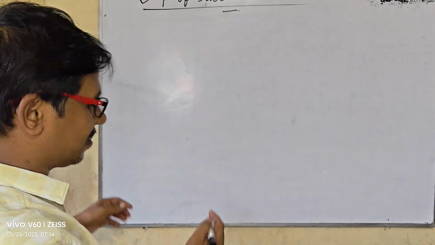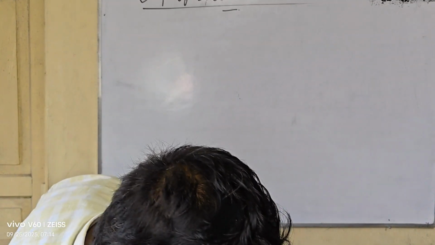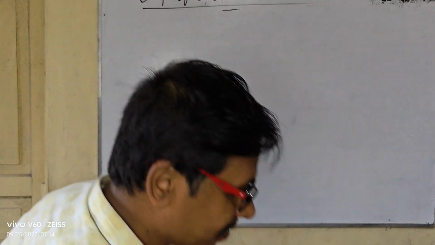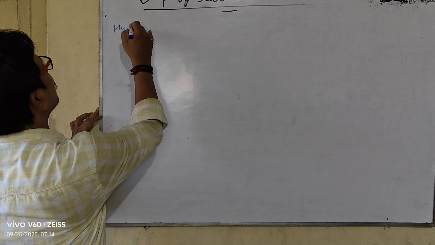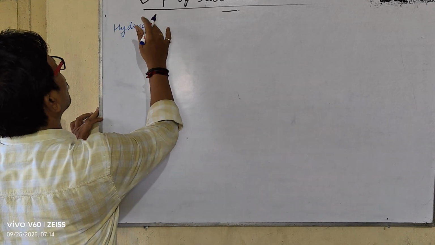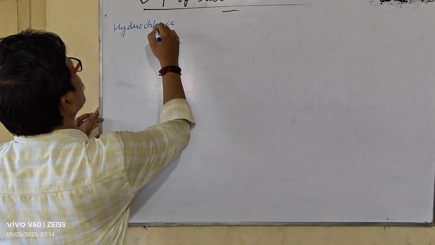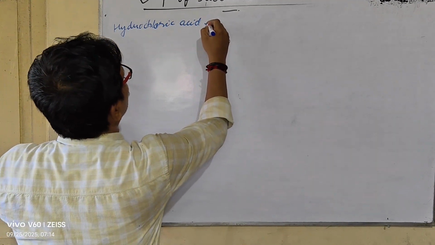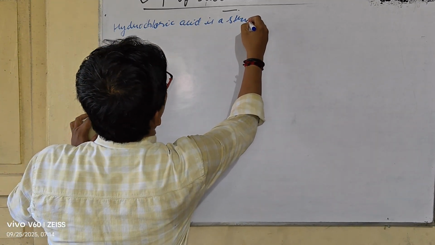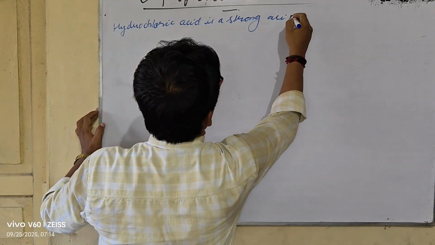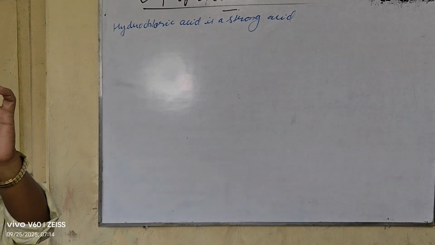Hydrochloric acid is a strong acid. The explanation of this reaction: hydrochloric acid is a strong acid.